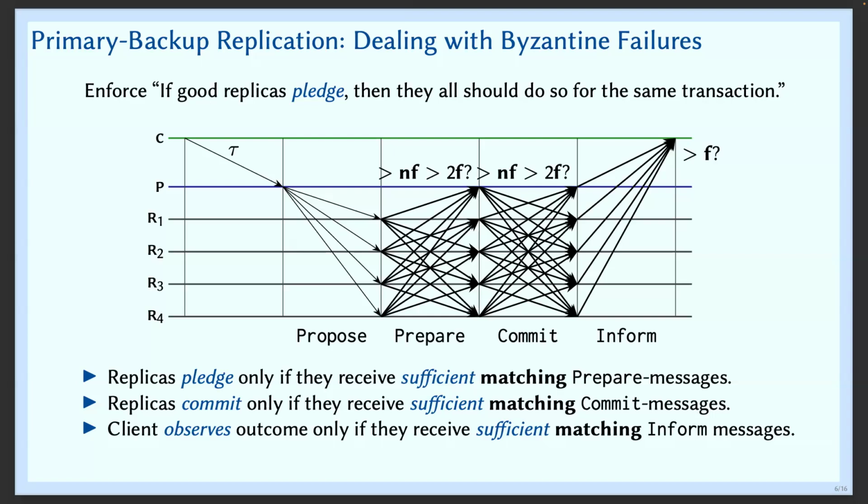If you have 2F plus 1 who are prepared, out of that 2F plus 1, how many of them are faulty? F are faulty. How many of them could later be inaccessible? Potentially all of them could be inaccessible, but then nothing happens. But how many can be inaccessible while we can guarantee progress? F of them.